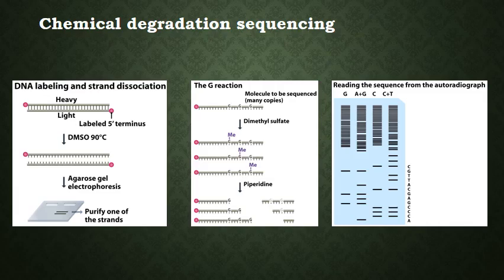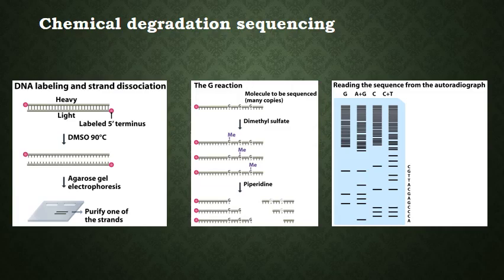The result is a set of cleaved DNA molecules, some of which are labeled and some of which are not. The labeled molecules all have one end in common and one end determined by the cut site, the latter indicating the position of a G nucleotide in the DNA molecule that was cleaved.